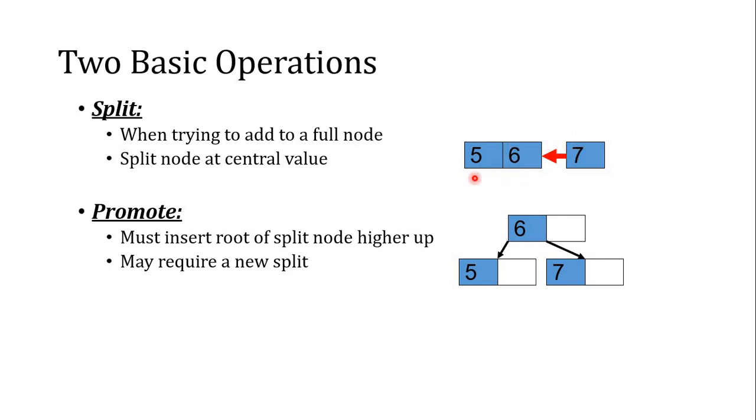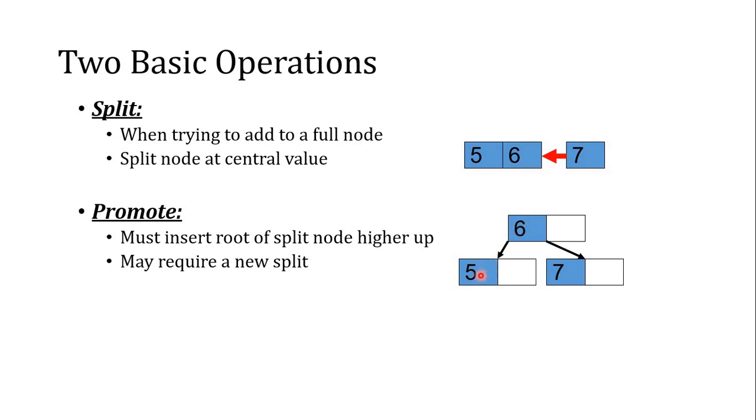For 5, 6 and 7, there is no space, so you have to split the full node, and you always split at the central value. Okay, so among 5, 6 and 7, what is the central? 6 is the central value. If you are always keeping a sorted order, you find the median value for the split, and then you promote the middle value to the upper level.